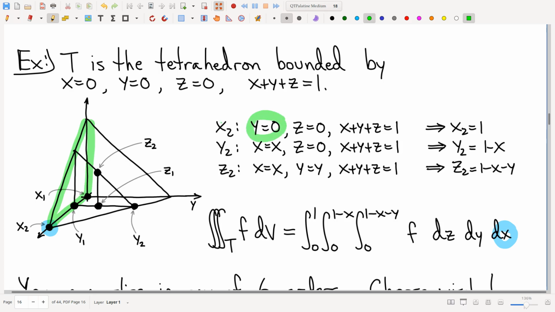That has that equation. But wait a second, that's not all. It is also on, color choices, this face, which has that equation. And that's not all. It is also on this face, which has that equation. And that is all I know about that point.